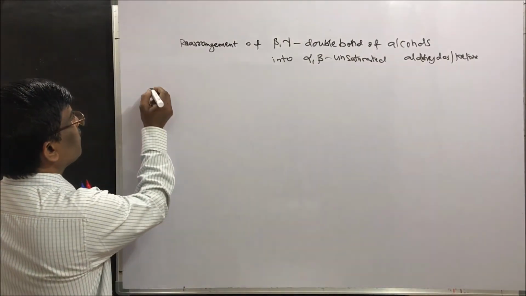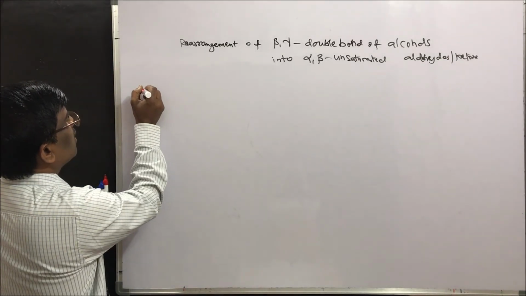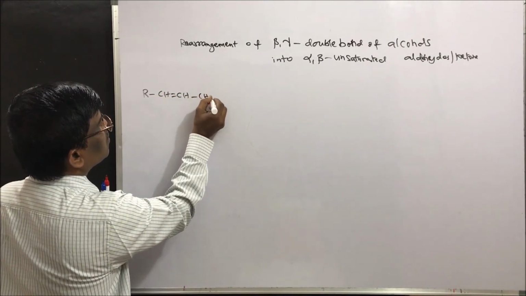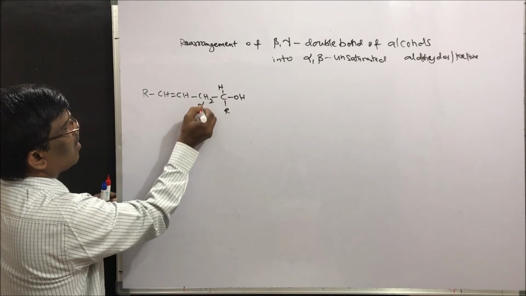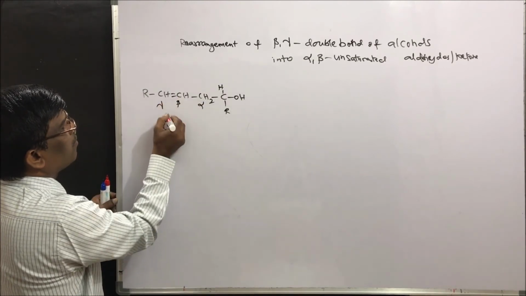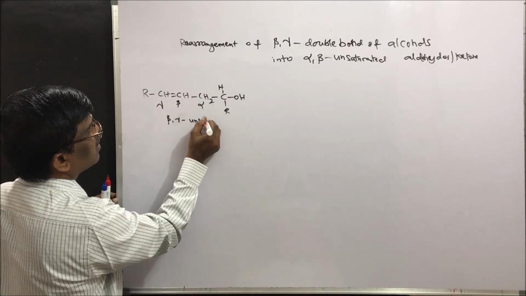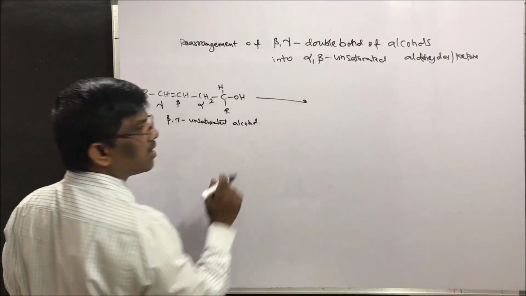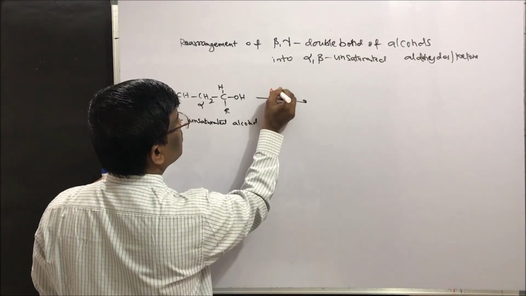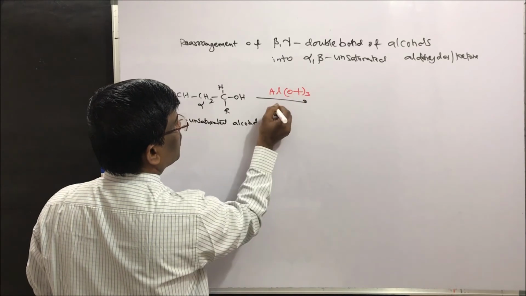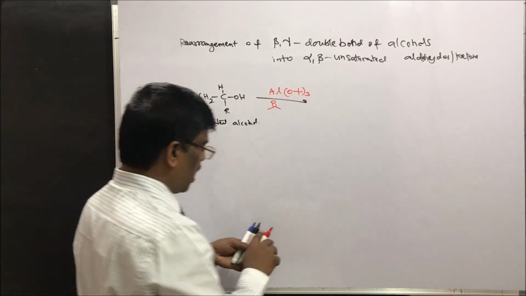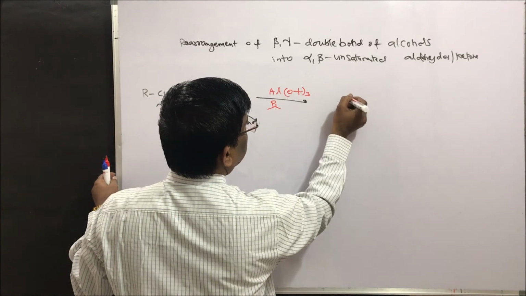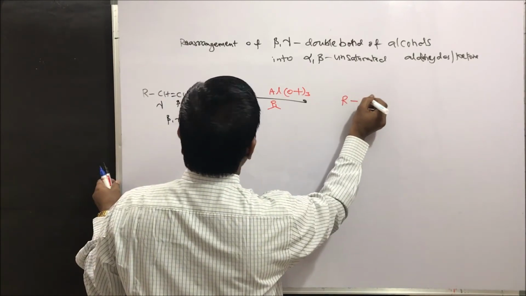Let us take a beta gamma unsaturated alcohol, CH2. This is an alpha beta gamma unsaturated alcohol. During the Oppenauer oxidation, let us take aluminum tertiary butoxide in presence of acetone. We expect that it should give the non-rearranged product.